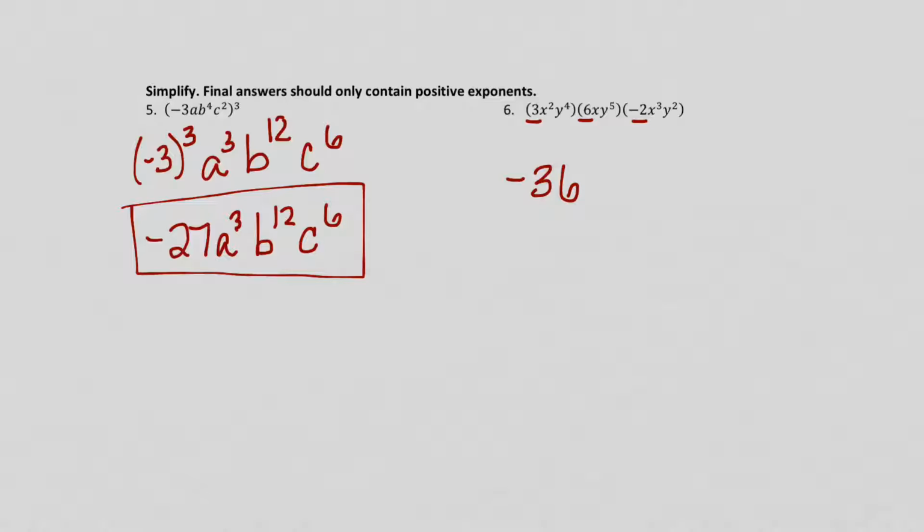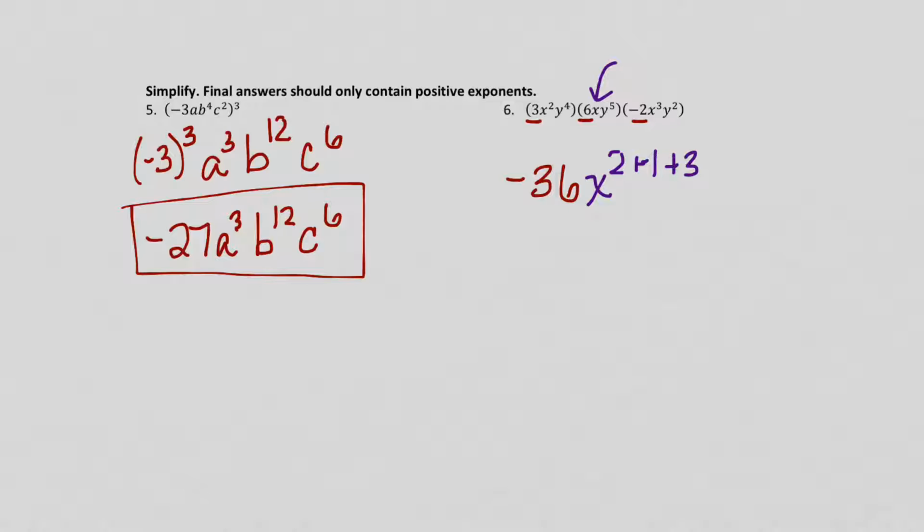Now, this is our product rule. They have the same base. We need to add our exponents. So if I look at x squared, x to the 3rd, I'm going to keep the base the same and add the exponents. So that would be 2 plus, what power is on this x right here? 1 plus 3.